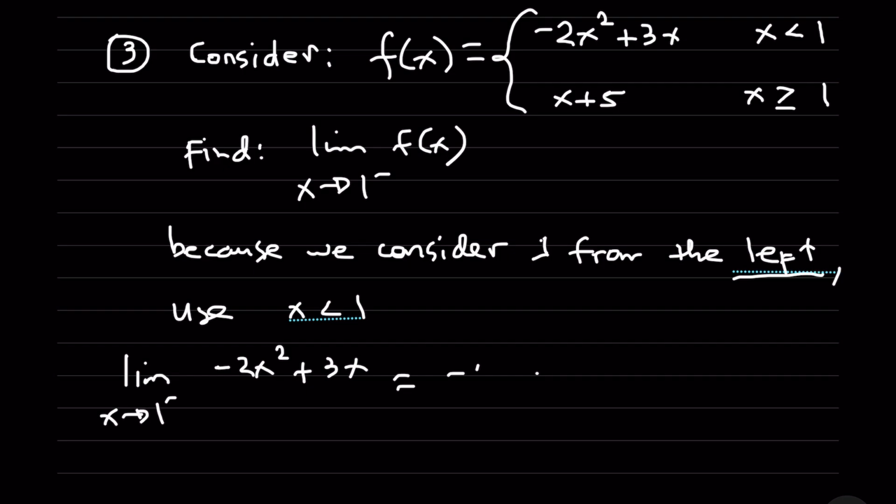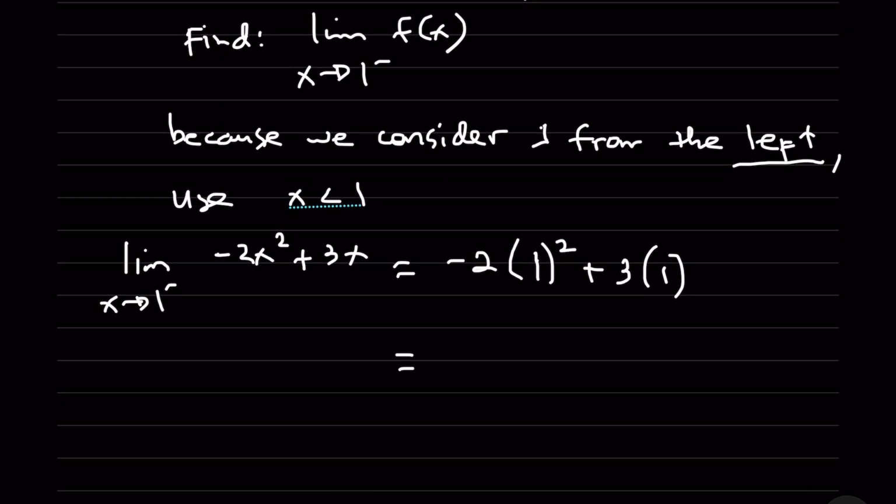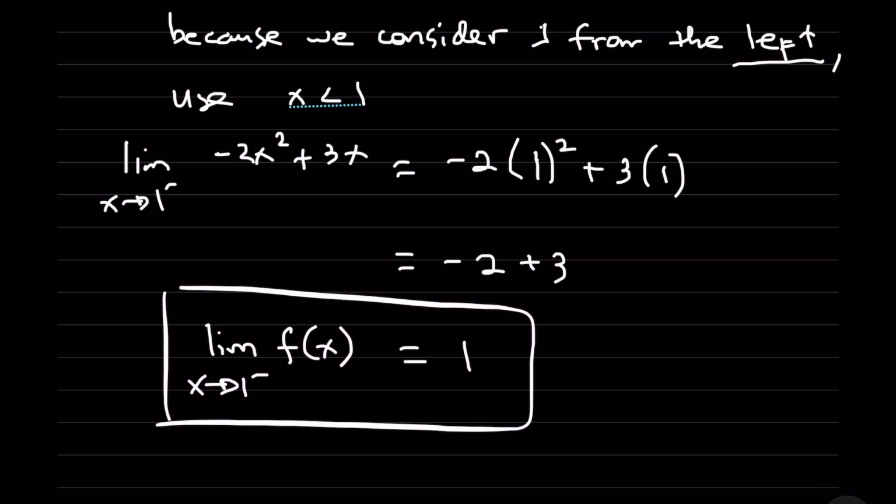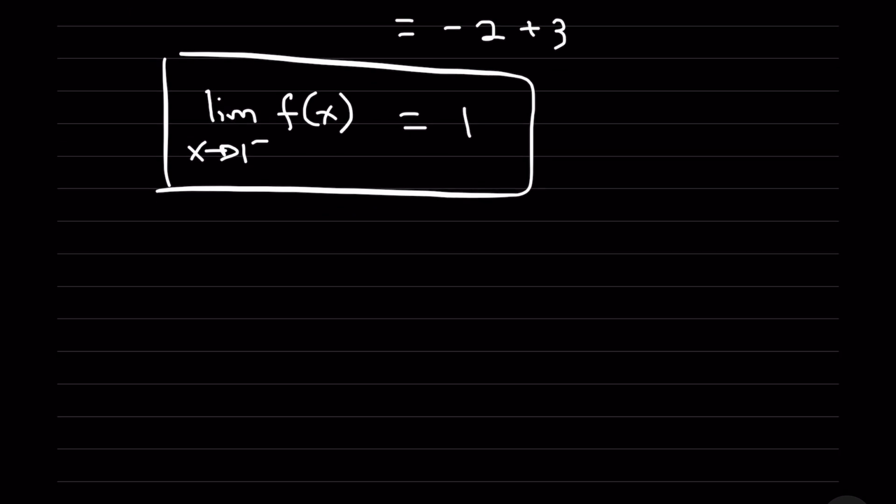So we find the limit of negative 2x squared plus 3x as x approaches 1. So we simply have to substitute negative 2 times 1 squared plus 3. The value is equal to 1. Therefore, the limit of f of x as x approaches 1 from the left is equal to 1. Next question, number 4.